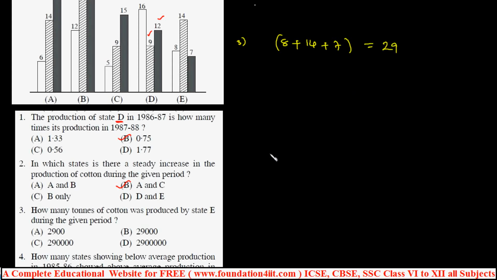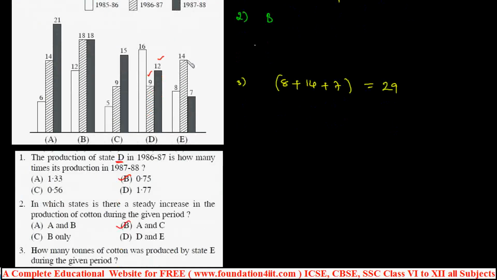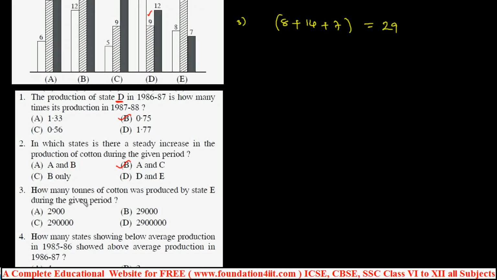So 29 lakhs. But according to the question, the production of cotton bales is of 100 kg each, in lakhs, in the state. Now they are asking how many tons. So this is 29 lakhs.